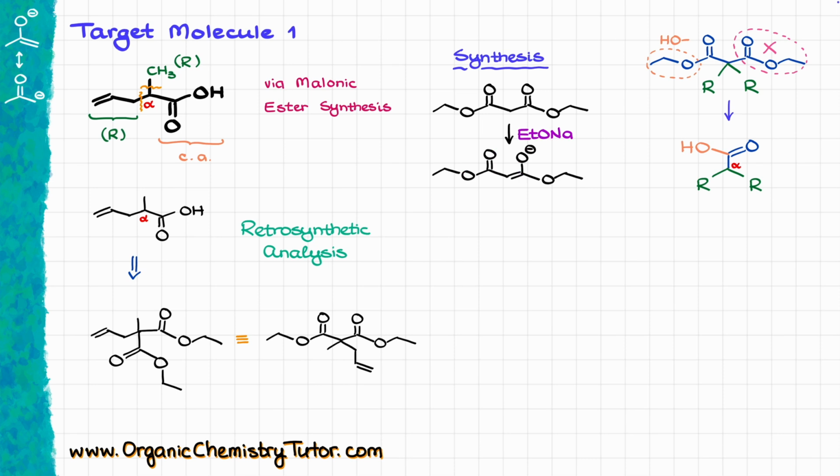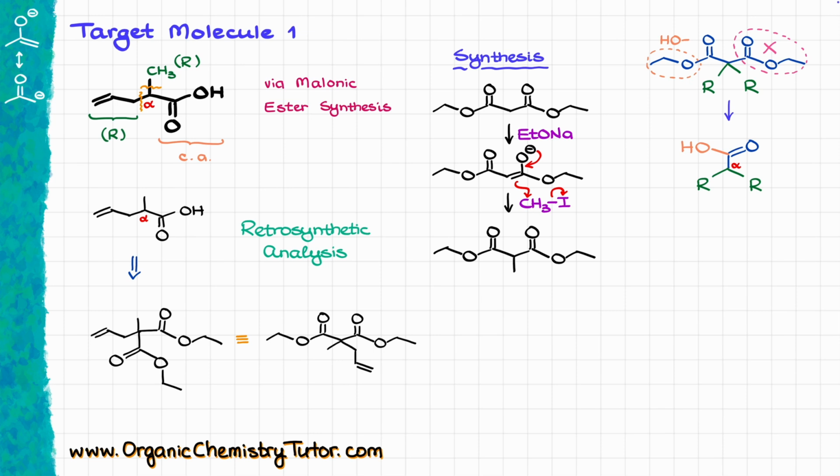Next, I'm going to introduce one of my groups. Generally speaking, it really doesn't matter which group we are going to introduce first, so let's say my first electrophile here is going to be my methyl iodide. So the nucleophilic enolate that I have just formed is going to react with my methyl iodide, giving me my first alkylation product.